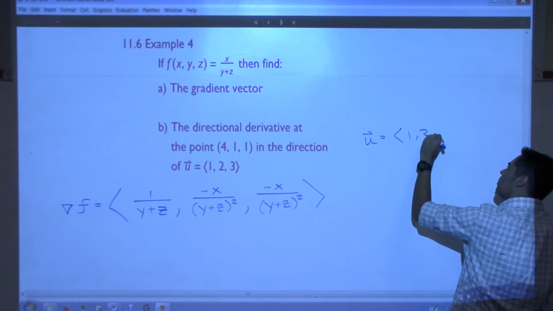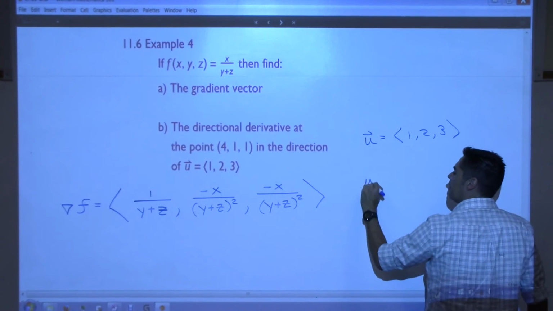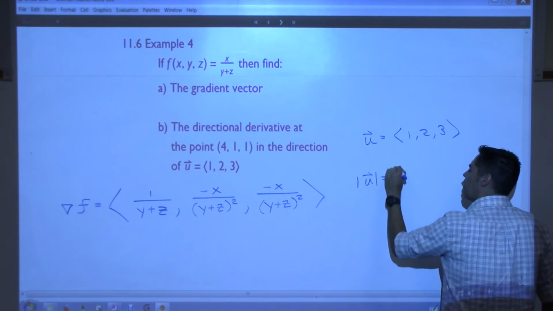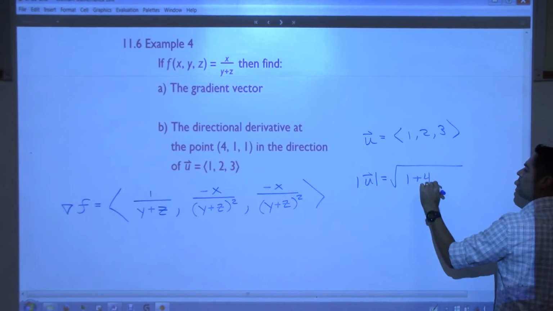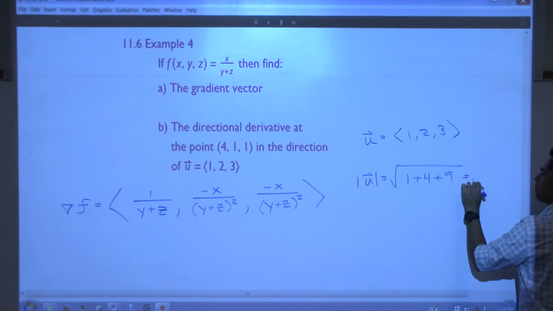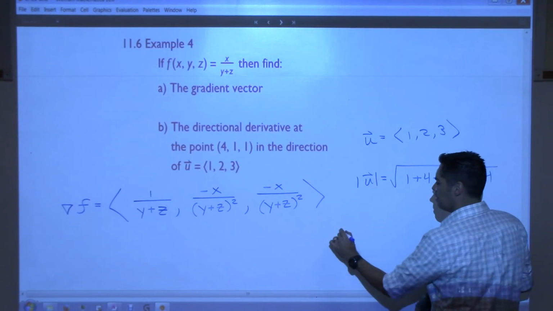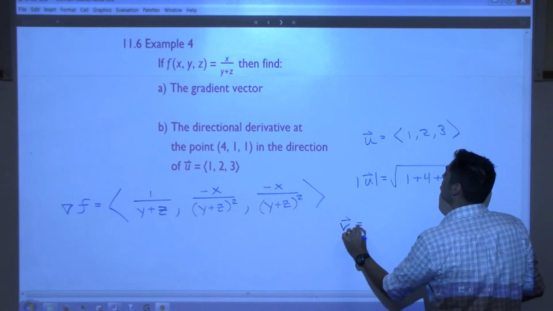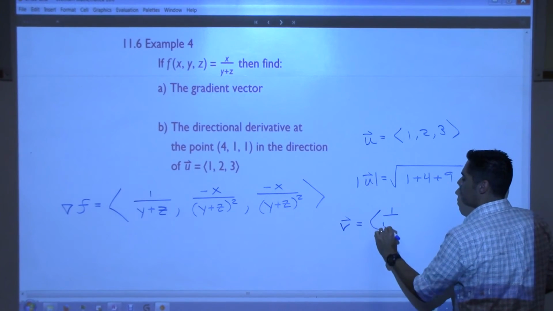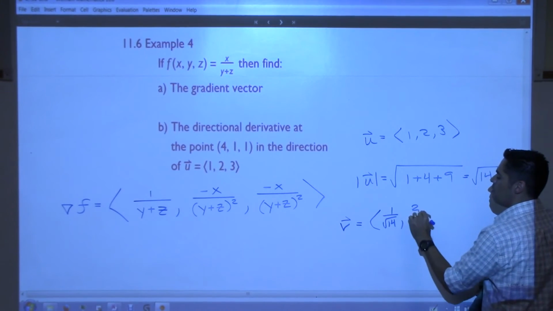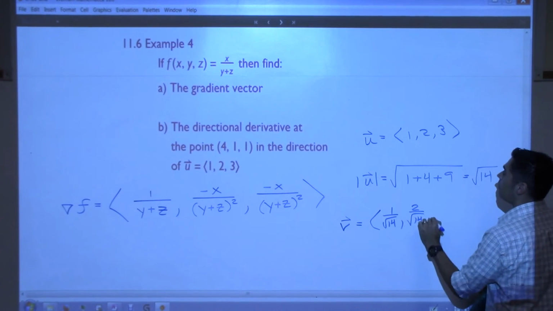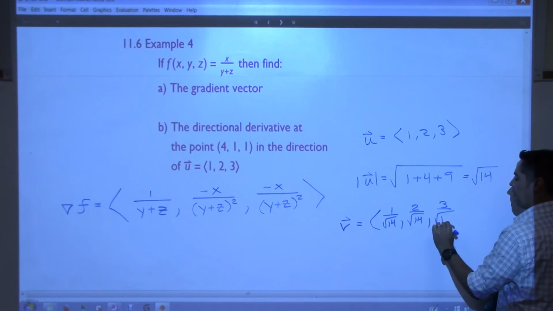So you found its length: square root of 1 plus 4 plus 9, which is root 14. And so I'm going to scale each of these components by this. I'll call that vector v, equal to 1 over root 14, 2 over root 14, 3 over root 14.